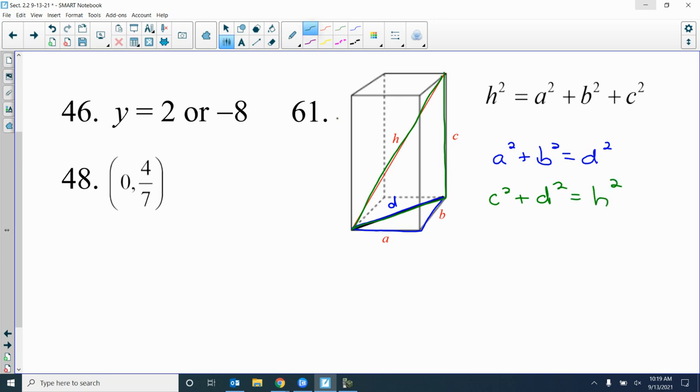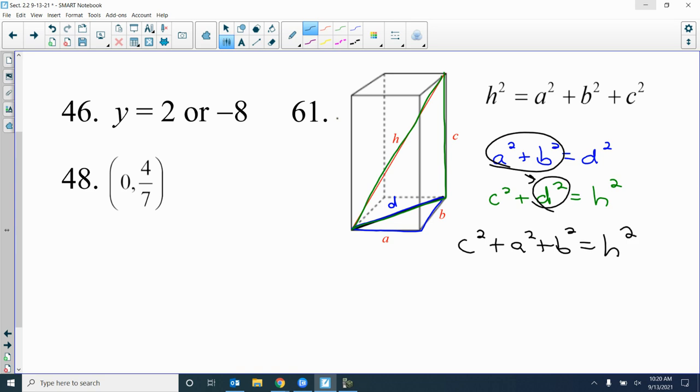All right, we are essentially done. Let's do one more step. We're done. Anybody see it? Okay. We've got to substitute out the d squared for the a squared plus b squared. Okay, D squared right here is equal to A squared plus B squared. So I can take that out and put in A squared plus B squared.